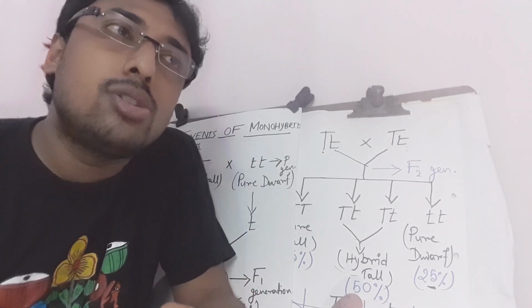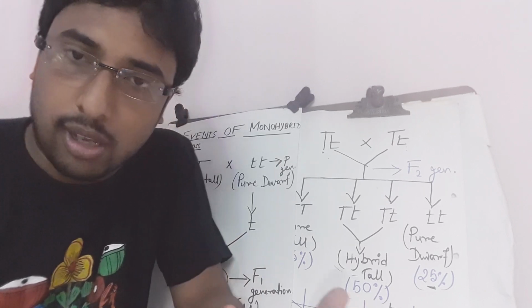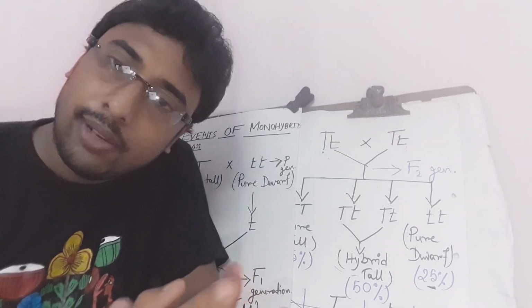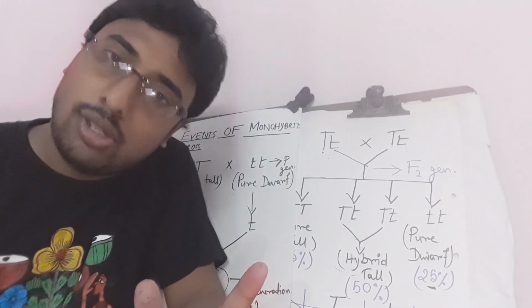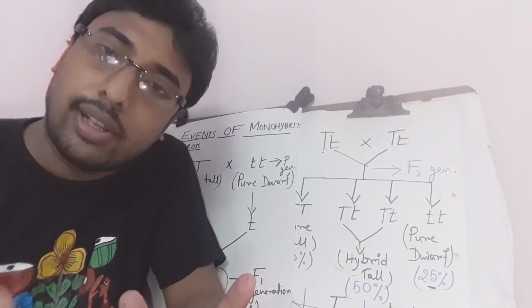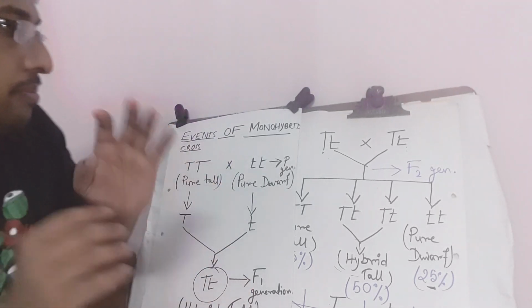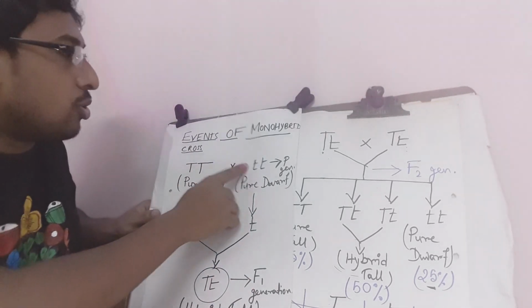So that is 1:2:1. So after Mendelian monohybrid cross, what is the phenotypic ratio? That is 3:1. And what is the genotypic ratio? That is 1:2:1. So that is the Mendelian cross related to monohybrid cross.